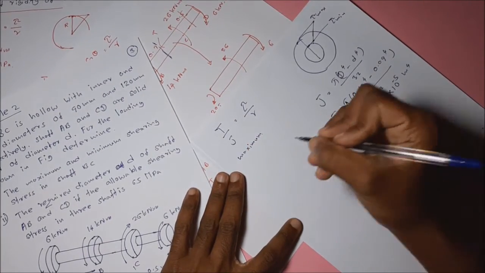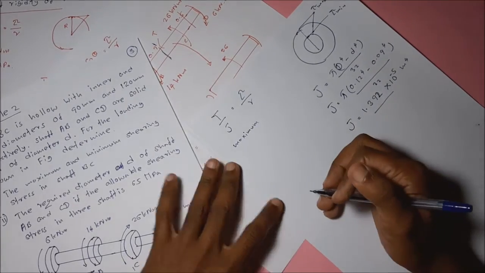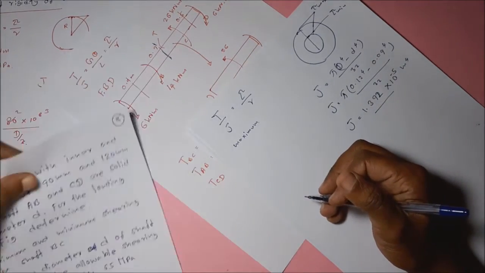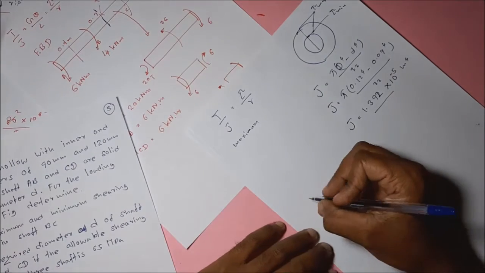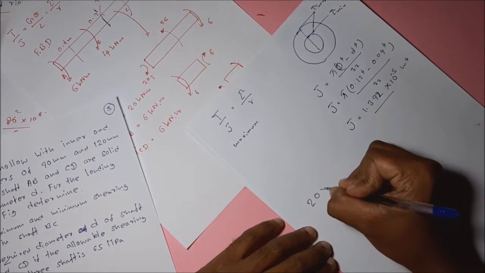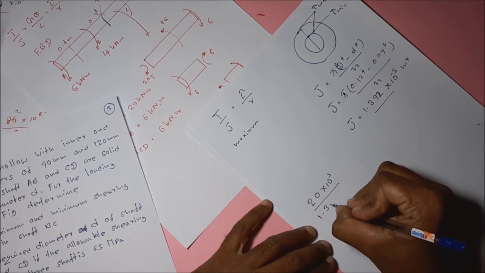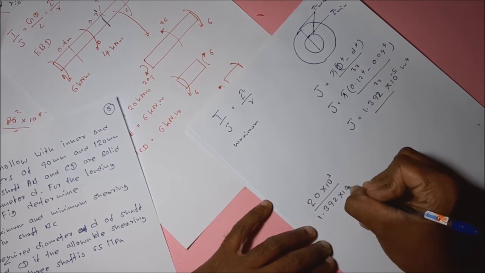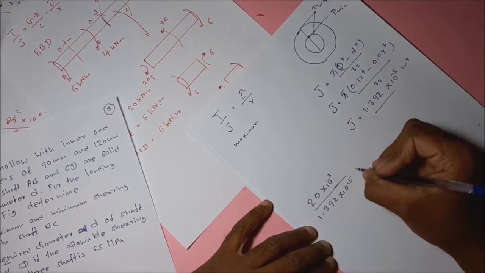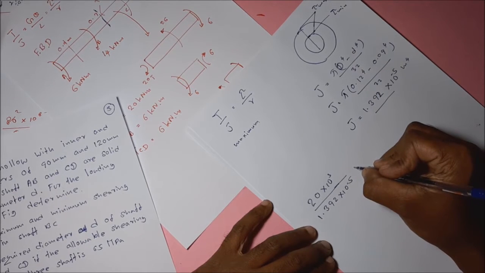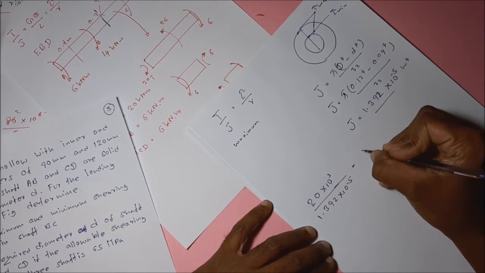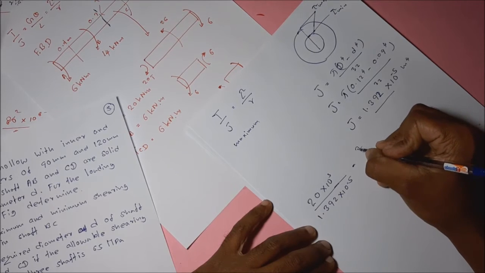Then the maximum, you are going to find what is the torque applied. The torque it is subjected to, we have found already: 20 into 10 to the power of 3 J over 1.392 into 10 to the power of minus 5 is equal to tau maximum.